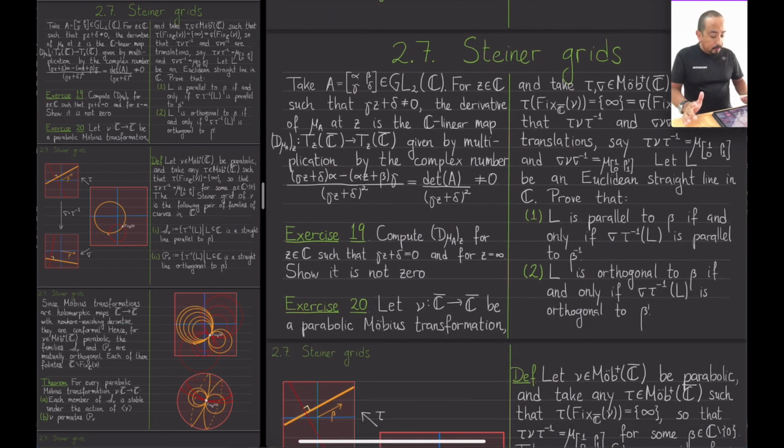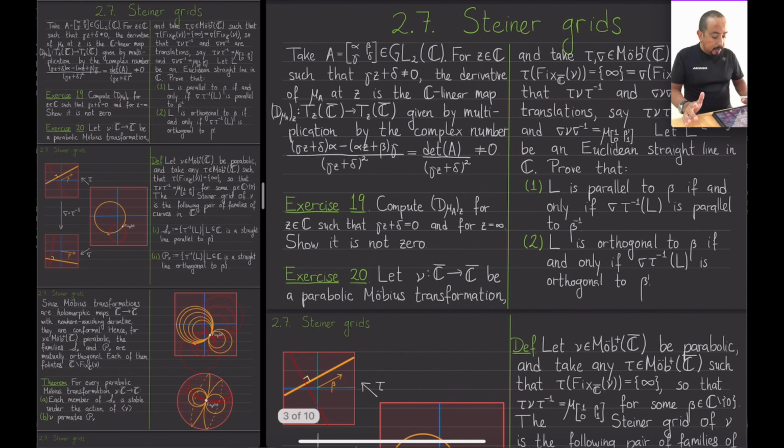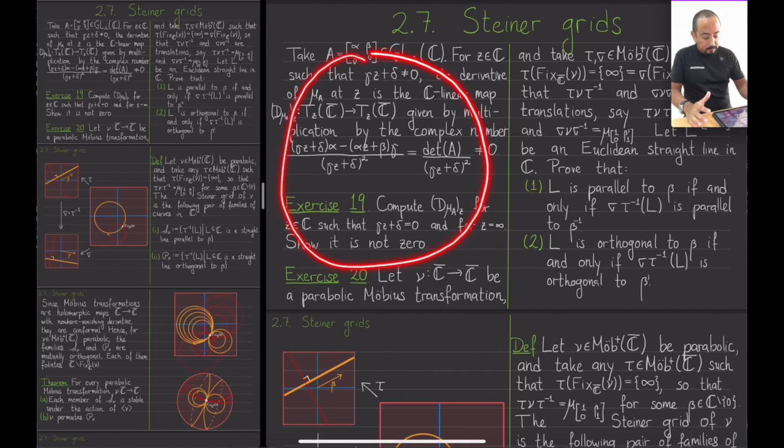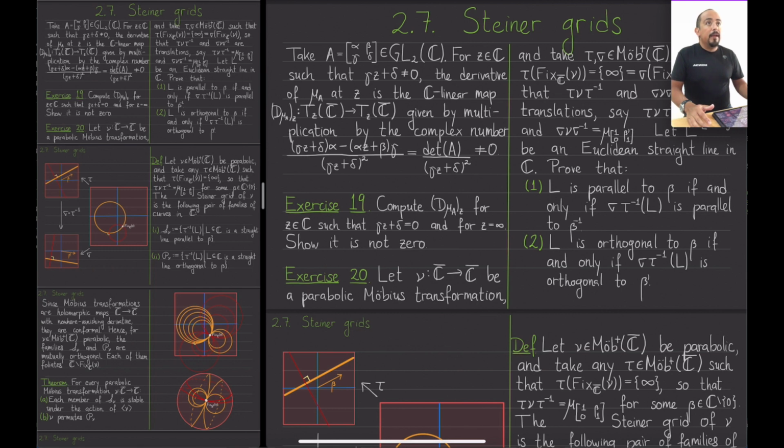What's going to make the analysis work is that Möbius transformations are always holomorphic from C bar to C bar, and their derivative is never zero, which implies that they are conformal at every point. So they always take angles of intersection to angles of intersection.